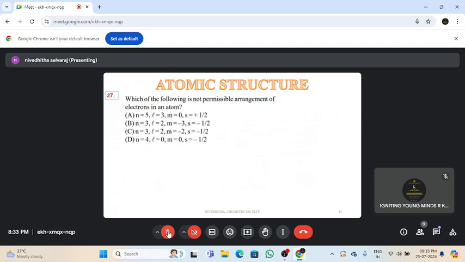Which of the following is not a permissible arrangement of electrons in an atom? In each option, we are provided with a set of quantum numbers and we have to find which is not a permissible one.